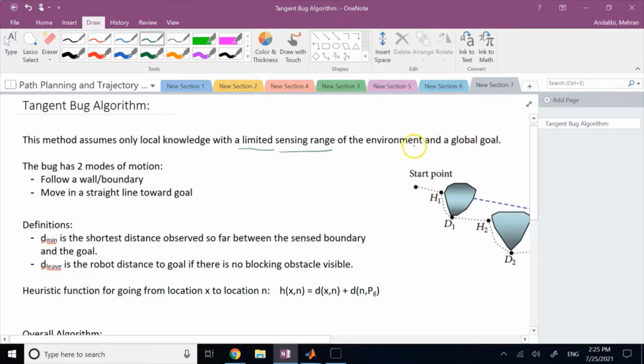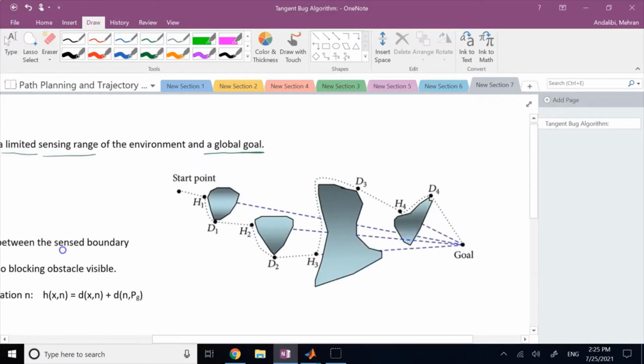And all you need is one single global goal, that you want to go from start to the global goal, okay? And this happens a lot in environments with uncertainty, because the nature of the environment is dynamic.